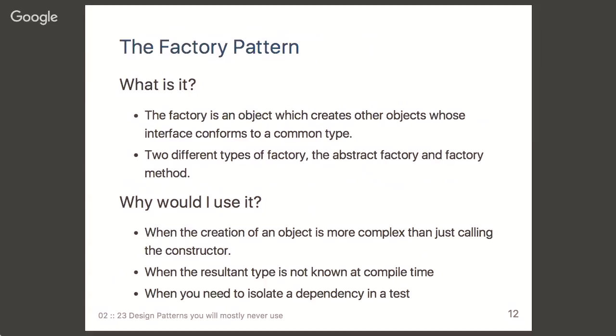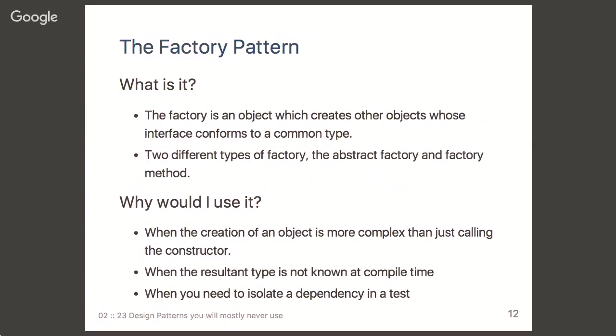Factory pattern. I think this is probably one of the patterns that I use most often, and the intention behind this is that if you're going to create an instance of an object, you don't do it directly. So you don't directly call new. What you actually do is you delegate that responsibility to a factory. And the factory pattern has two different kinds, sort of sub patterns.